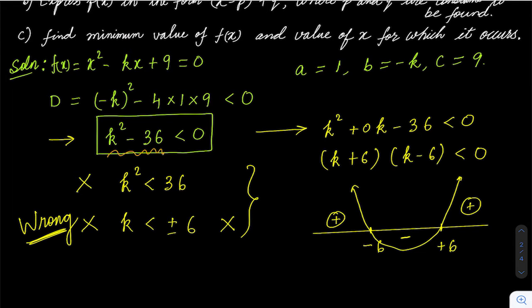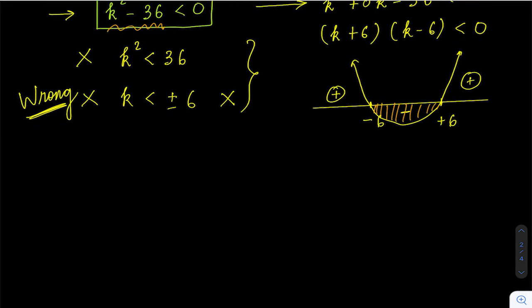So where is it less than 0? In this part, it is below the x-axis. So my answer is k is less than 6 but greater than minus 6. That is my answer.